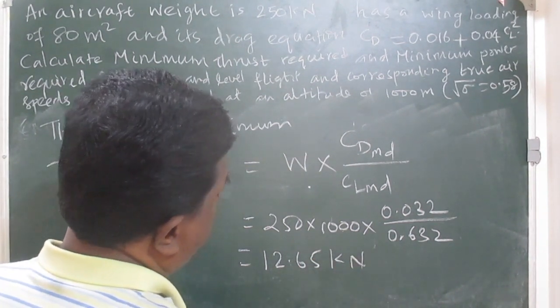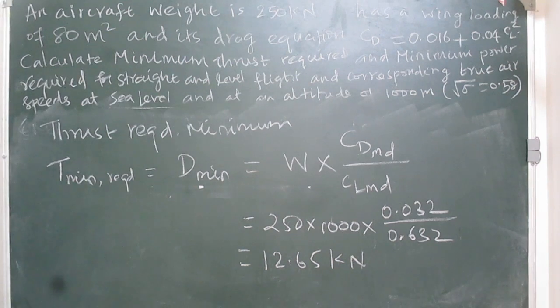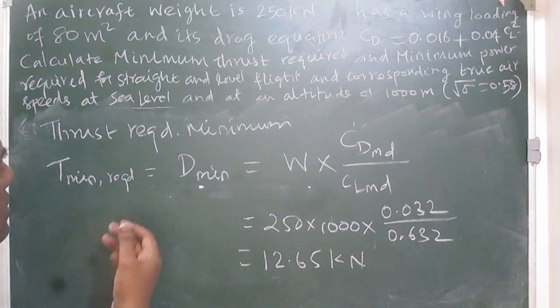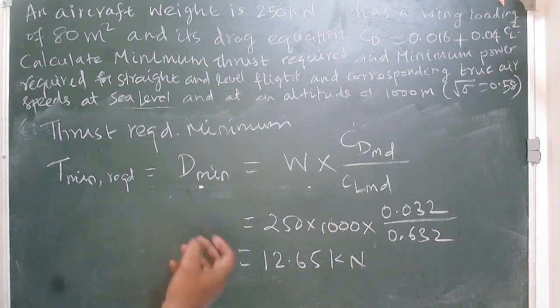One thing we have to note down: minimum thrust required is achieved at the minimum drag conditions, and this value will be constant at every altitude, because at each and every altitude the minimum drag will not be changing.